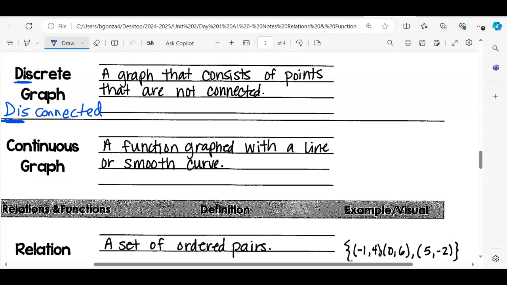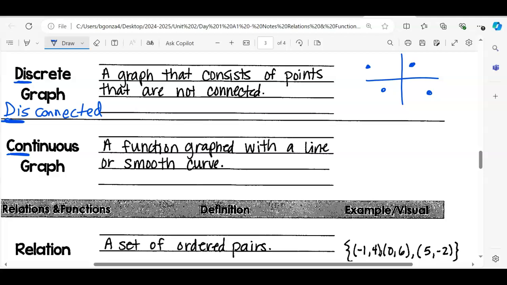So if I have a discrete graph that is disconnected, go ahead and draw the coordinate plane, x and y axis, and then you're going to just plot some points that are disconnected, okay? This is what we call discrete, when they're disconnected points, okay? So y'all can draw that little picture next to discrete.